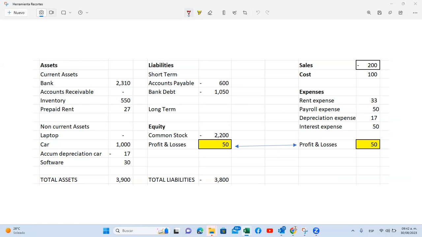Ya lo encontré. Encontré una diferencia. Profe, ¿cómo se saca el common stock?